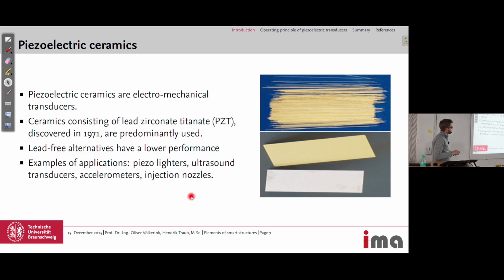And as a semi-finished material they can have the form of fibers and also of thin films or plates. But I think tomorrow we will have a look into the manufacturing processes in general to give you an impression how these materials are manufactured.